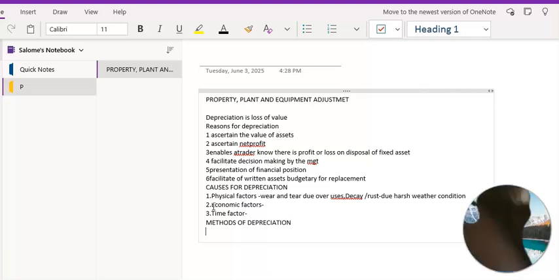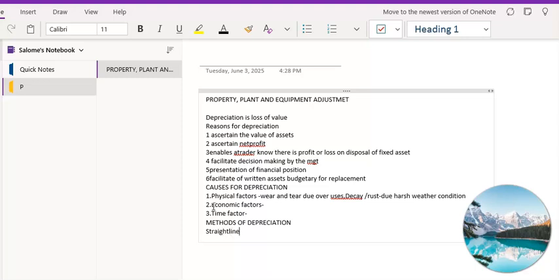Let us list them. So one is what we call the straight line method. Another one, there is what we call the reducing balance method. Another one we have is depreciation and time factor.